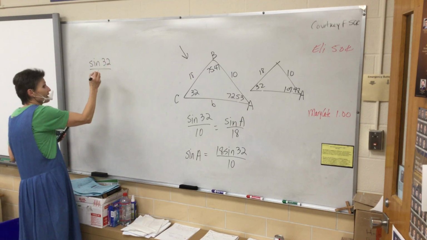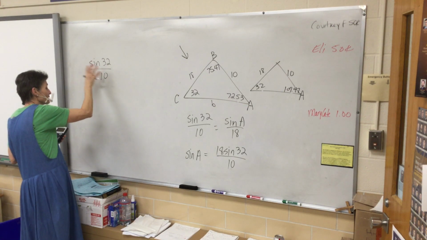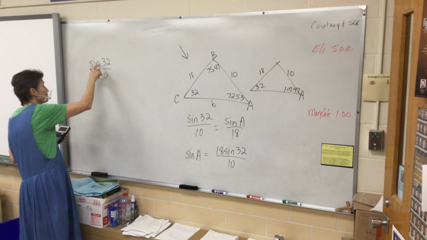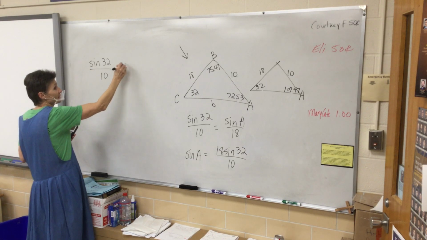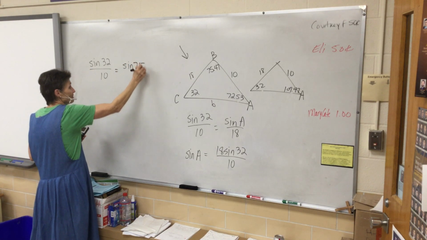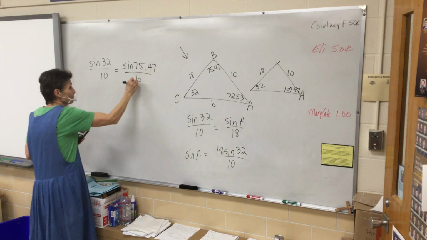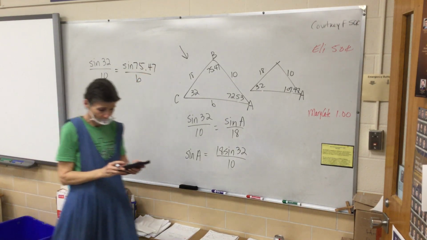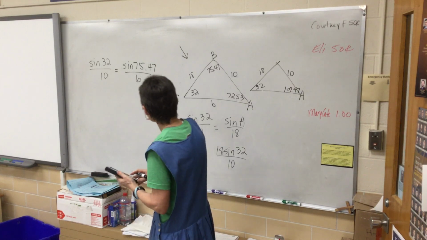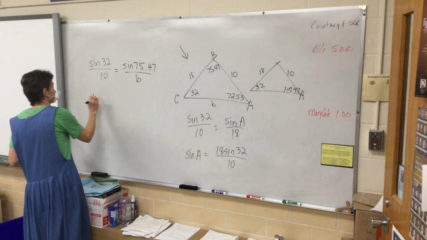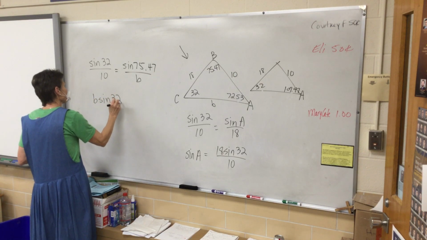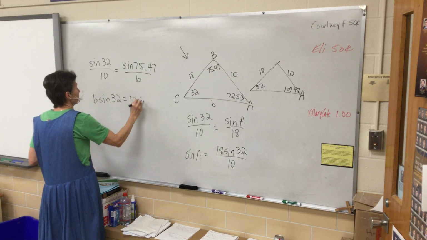And then how will I find side B? Exactly. And I love that Jesus is going back to the original given information. No round off here. He says I'm using 32 and 10, and that's going to equal the sine of 75.47 over B. So then we'll cross multiply and divide. Will I be second signing on this one?